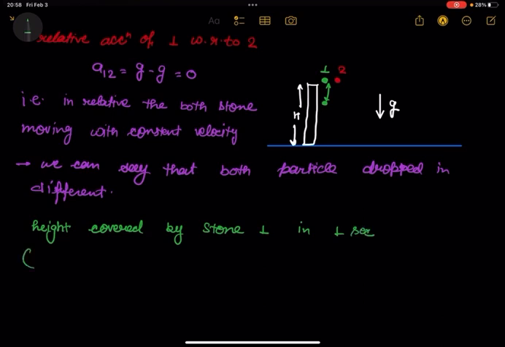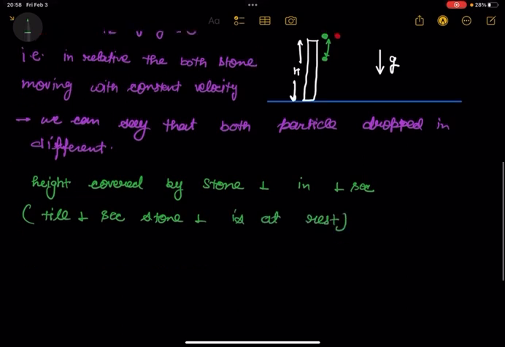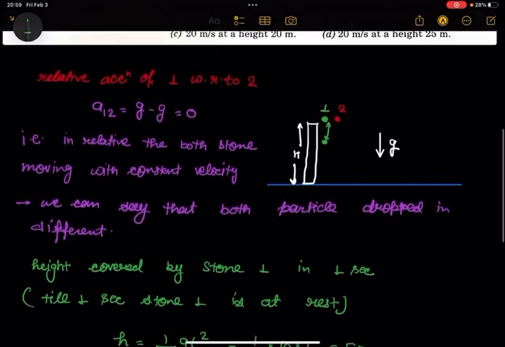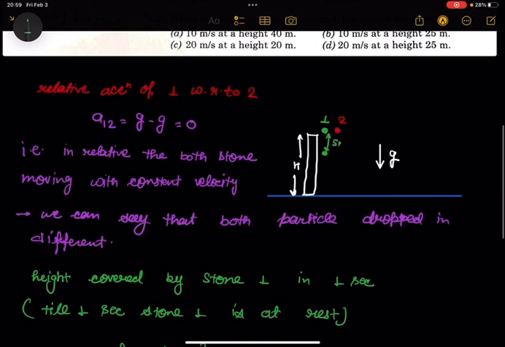And I want to tell you, till 1 second, stone 2 is at rest. So simply, height h is equal to half g t square. That is called h is equal to half into 10 into 1, that is 5 meter. So during this second, this is moving with the 5 meter. This covered a 5 meter distance. Okay, very nice.